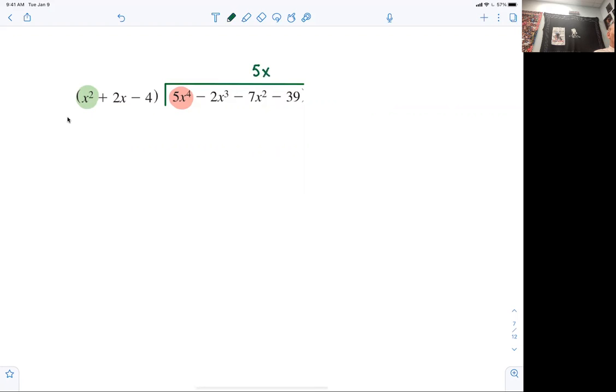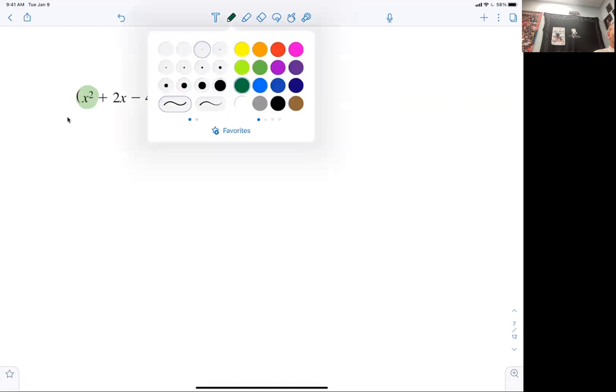And because now we're getting better at it, now you're just multiplying. So when I multiply, it becomes 5x to the fourth plus 10x cubed minus 20x squared. Now don't forget to do what?